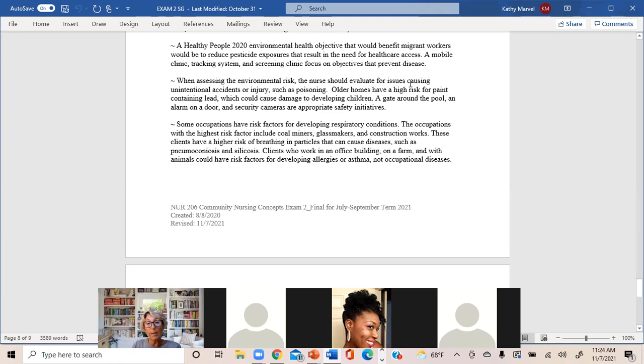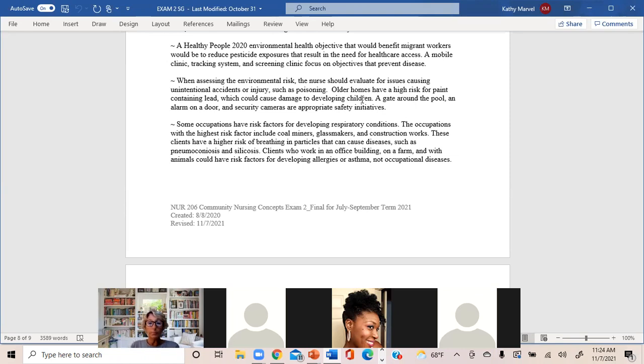So what do you think you might get asked with regards to this? Or what kind of question? You could get a question that asks the nurse which factor requires the nurse to take action first, something like that.